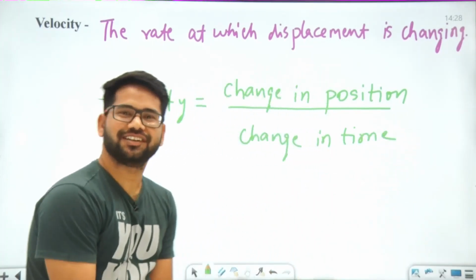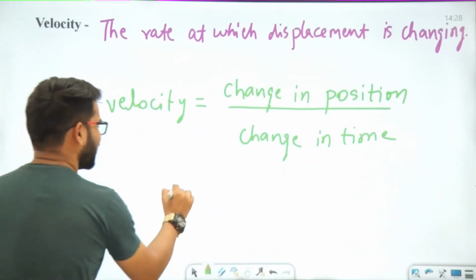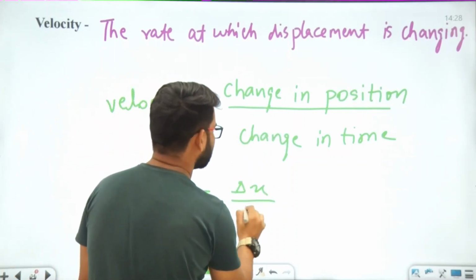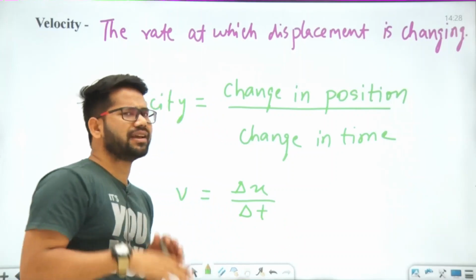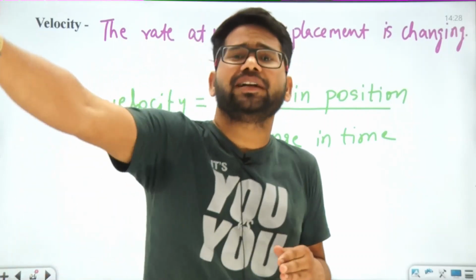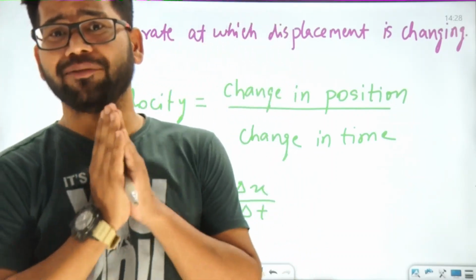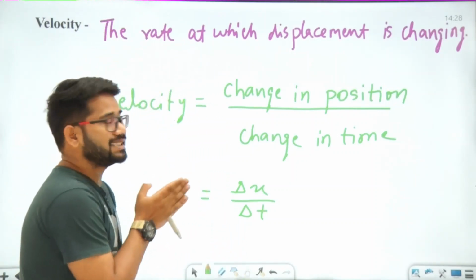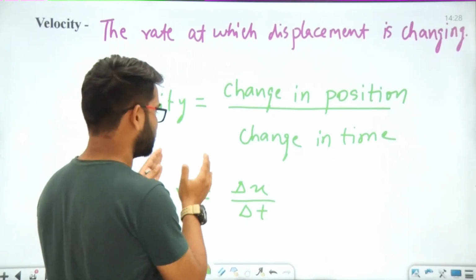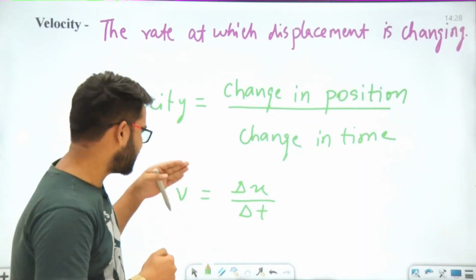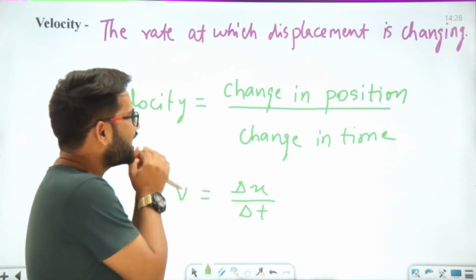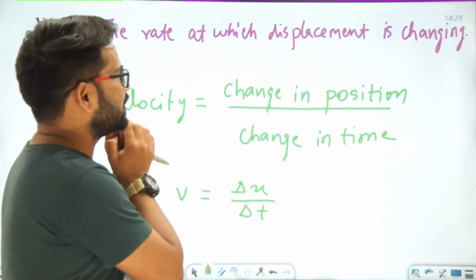So now students, we can write v as delta x over delta t. That means if it travels 50 meters, how much time did it take? That's the change in time and change in position. If you take the ratio of that, that will be our velocity, the rate at which displacement is changing.